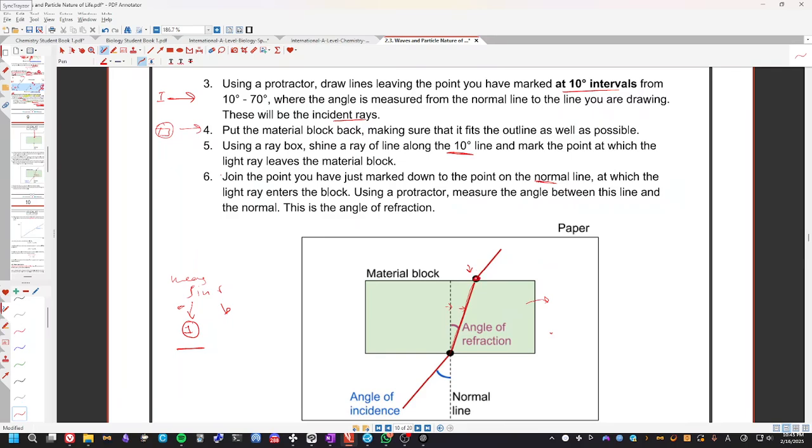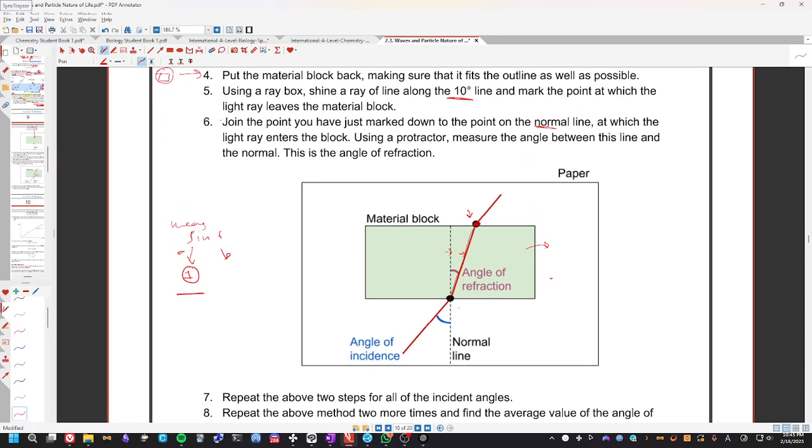Then the second step is joining these 2 points together, and then measuring the angle between this line and the normal to find your angle of refraction.